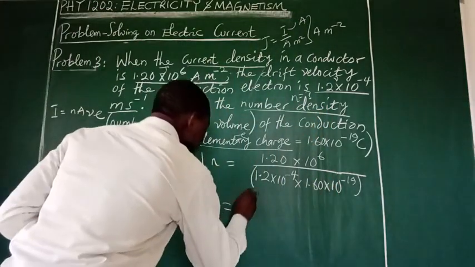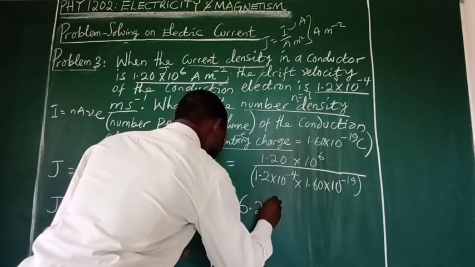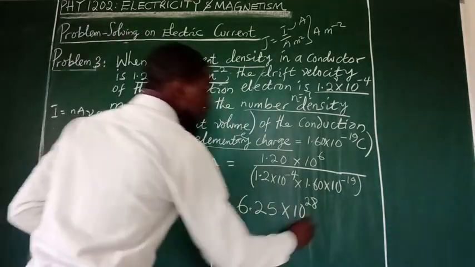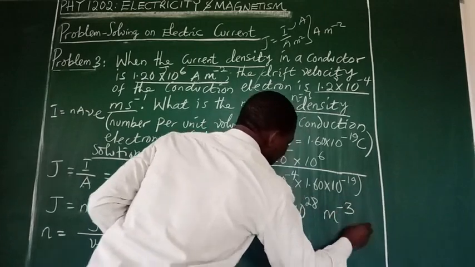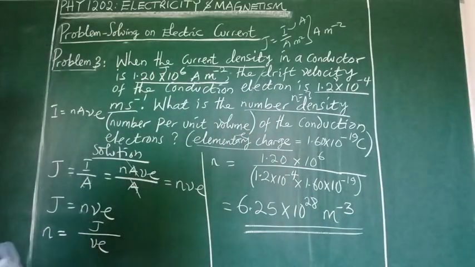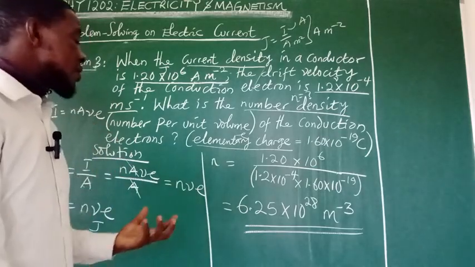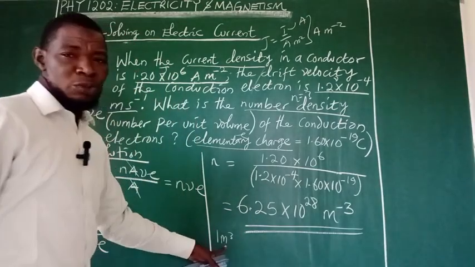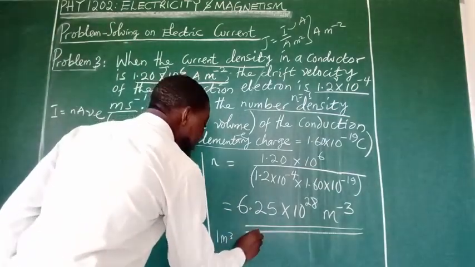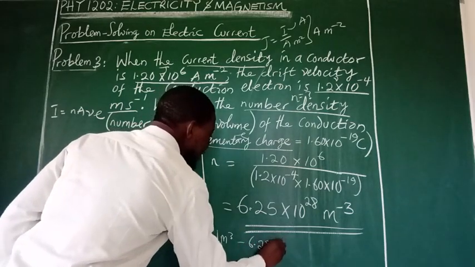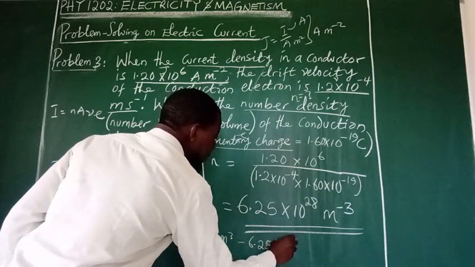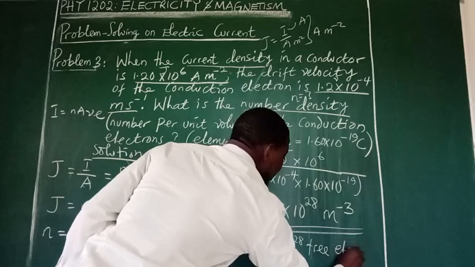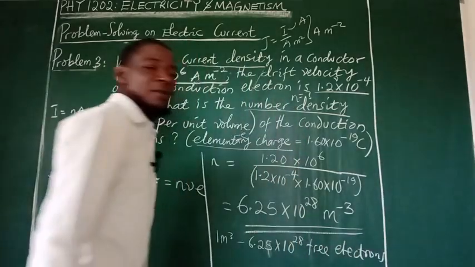So we write that, 6.25 times 10 raised to the power of 28. The unit of n is per cubic meter. Okay. Now, what is the physical interpretation of this? It means that in 1 cubic meter volume of the material, you have 6.25 times 10 raised to the power of 28 free electrons that generate electric current in that region.